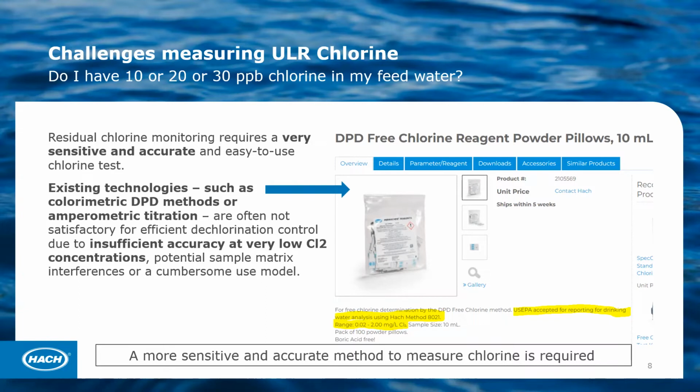But when we start trying to push DPD into these ultra low range levels, it's really where we're starting to get into sort of tricky waters. Anytime we talk about pushing a method past its designed capability, then we really need to be aware of the fact that at those far ends of our testing range, accuracy and precision inevitably becomes more and more strained and more difficult to have a lot of confidence in.